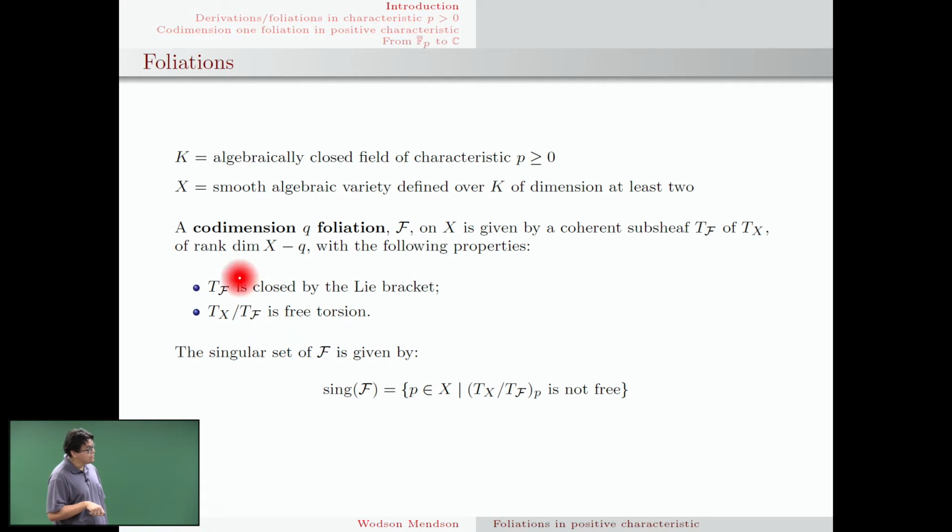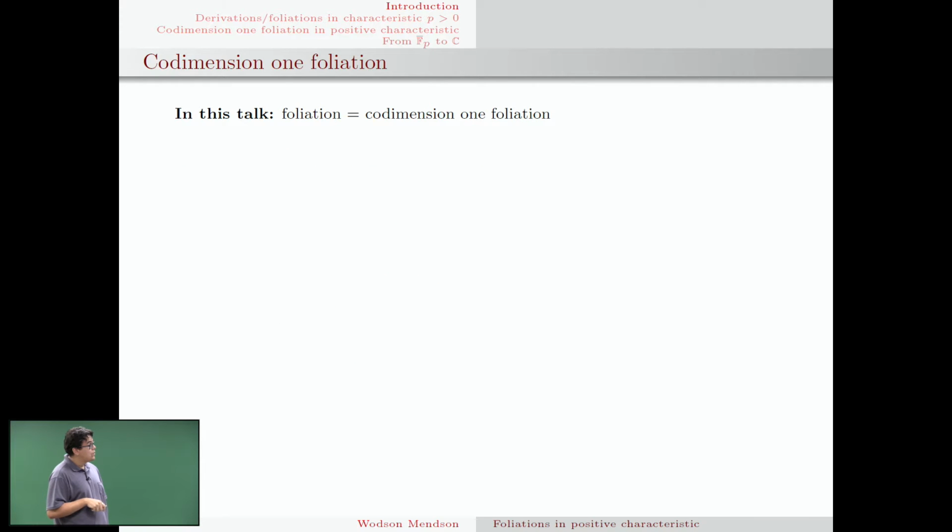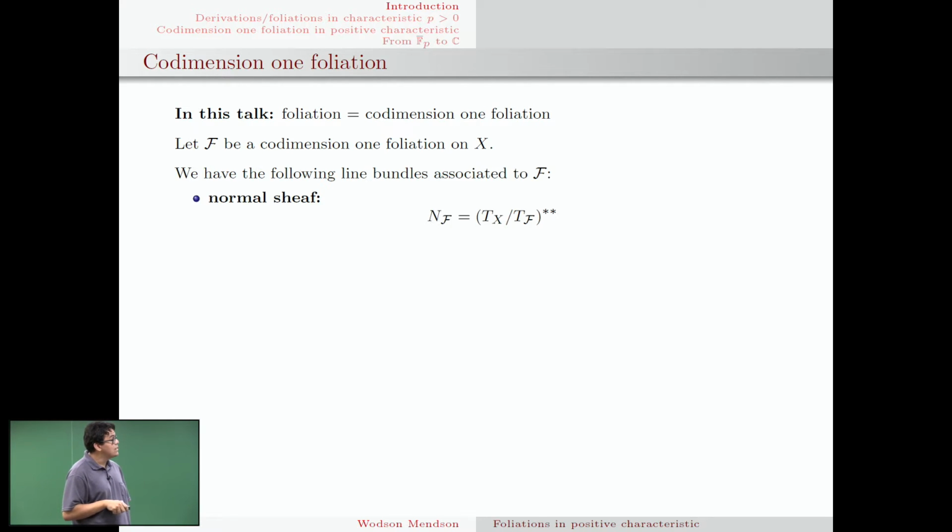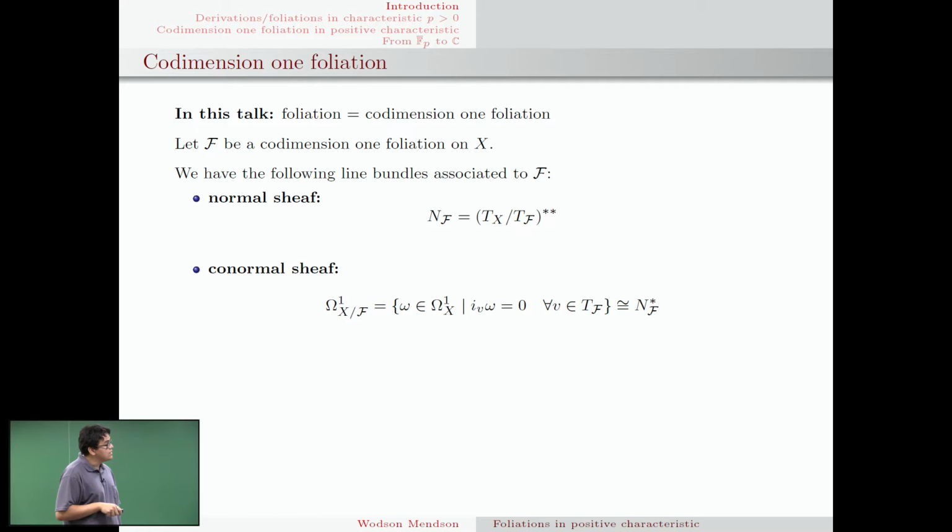The condition that the quotient is torsion free, and the singular set is defined as the set of points such that this quotient is not free as an O_X-module. So in this talk, by foliation, I mean codimension 1 foliation. In that case, we have 2 line bundles associated to F, that is the normal sheaf, the normal bundle, and the conormal bundle.